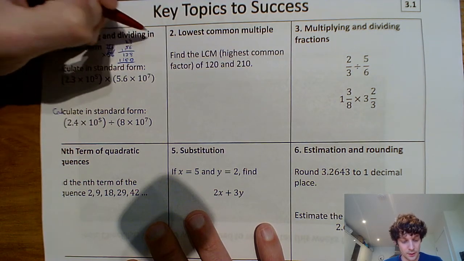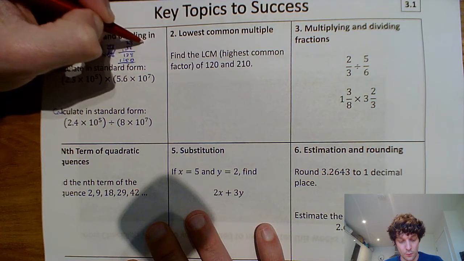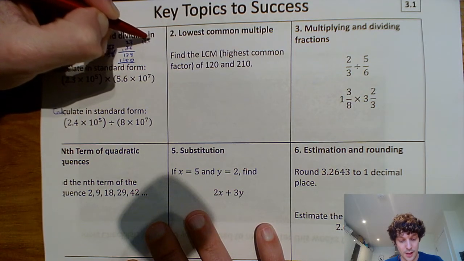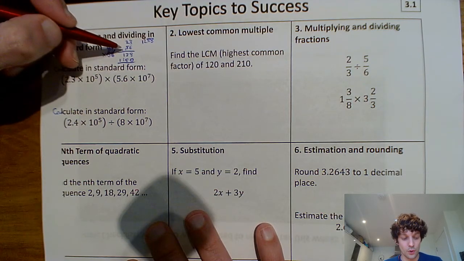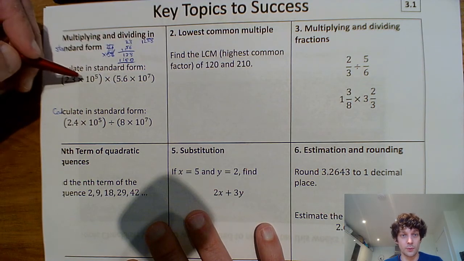So that would give me a total of 1288. Okay, so 23 times 56 is 1288.